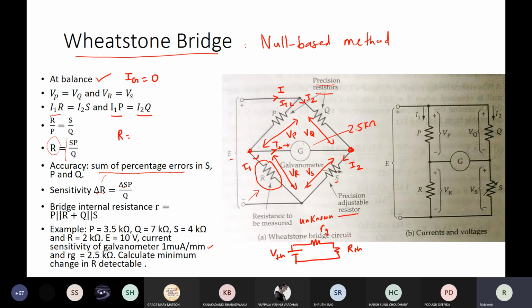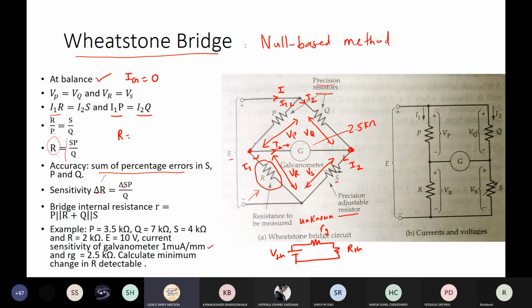You have already done how to calculate Thevenin's equivalent circuit. In this, how will you calculate? You first open circuit the galvanometer and find out the voltage difference across it.